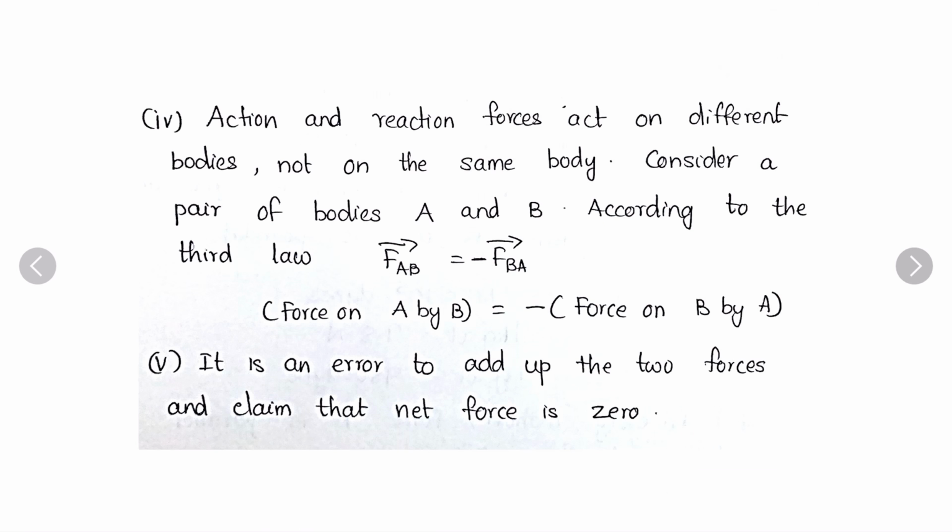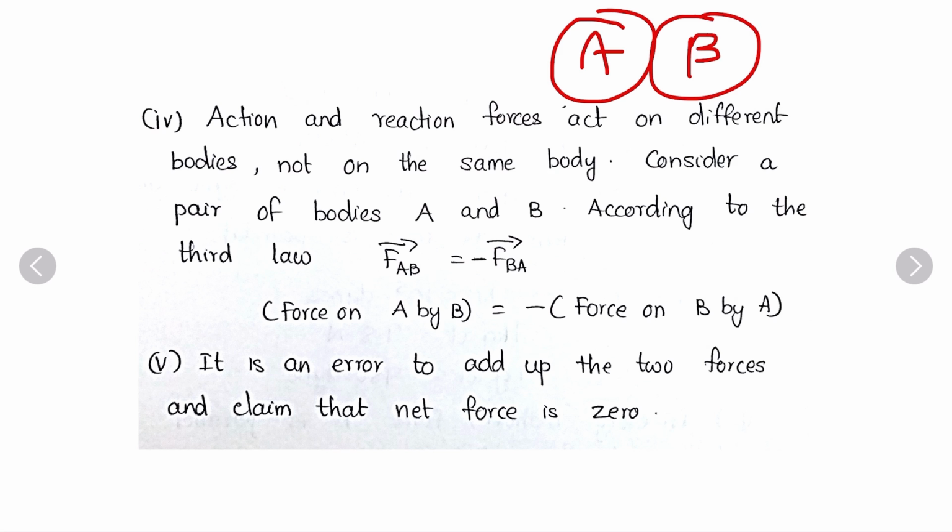So now let's take two bodies, one is A, another is B. Then the action and reaction forces act on different bodies. If action is on B, then reaction is on A, or if action is on A, reaction is on B, not on the same body.